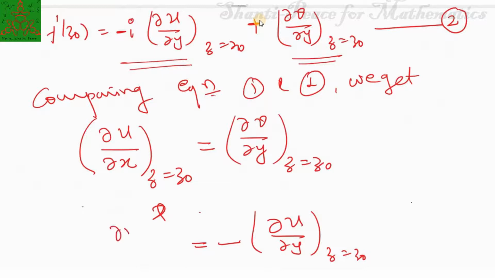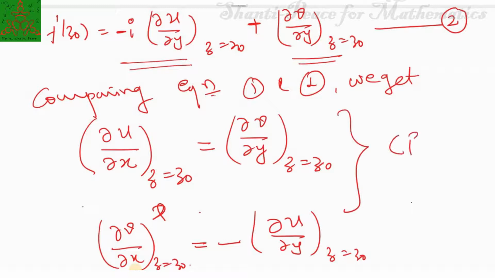So that is del v by del x at z equal to z0. So that proves the condition, and these are known as the CR equations, the Cauchy-Riemann equations. So that proves the statement, the necessary condition for differentiability.